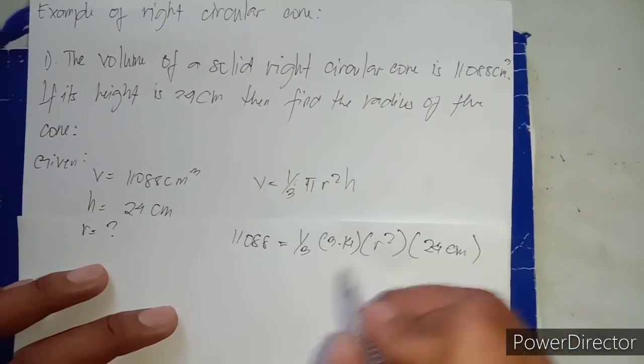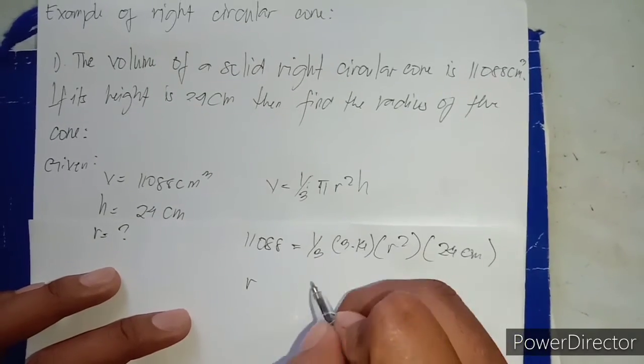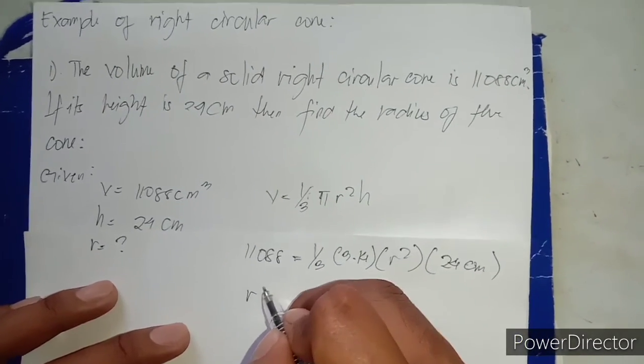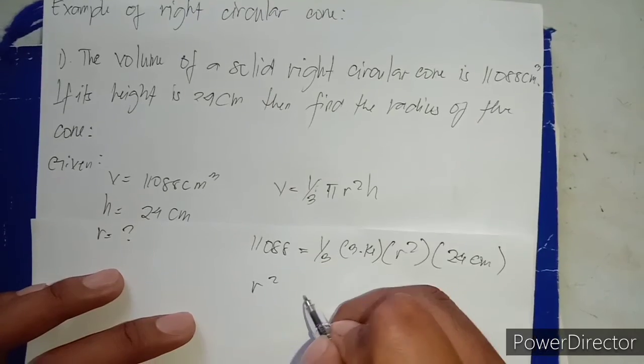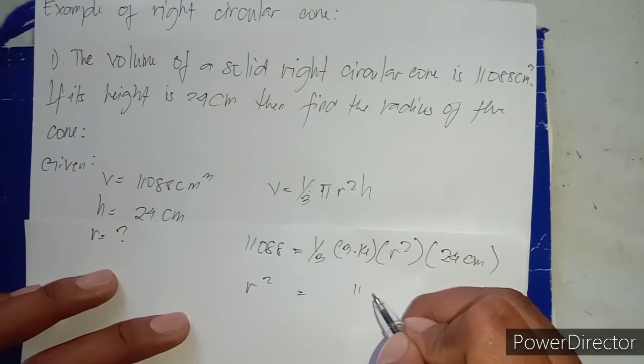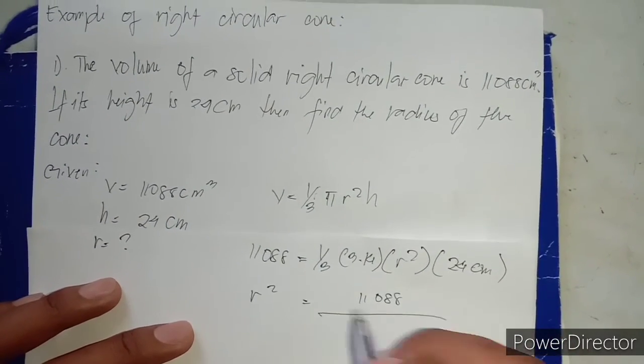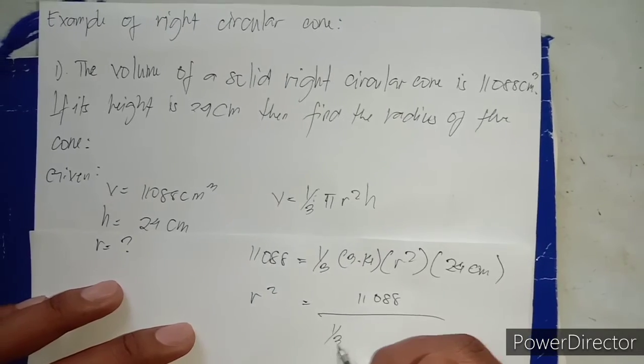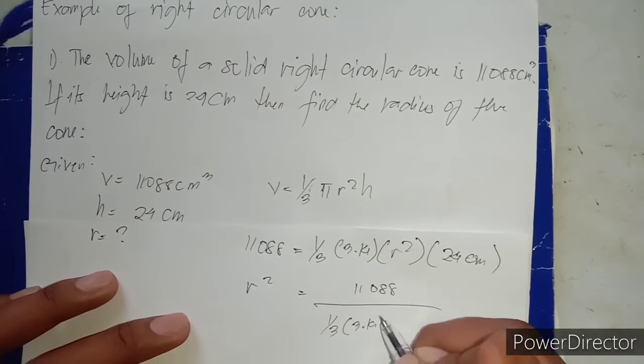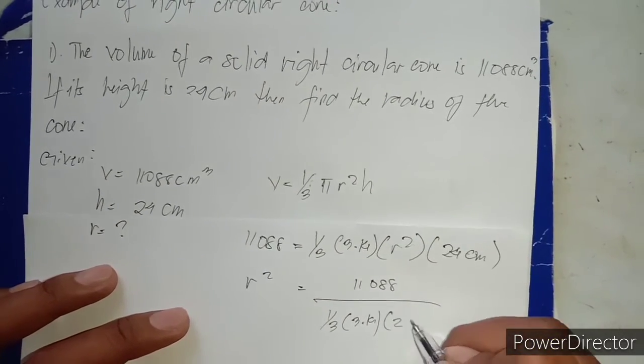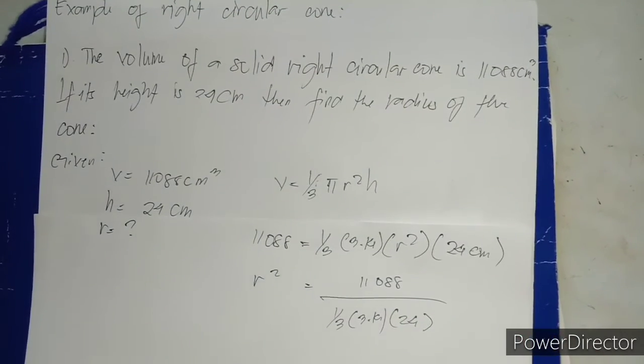So radius squared equals 11,088 over 1/3 times 3.14 times 24 centimeters.